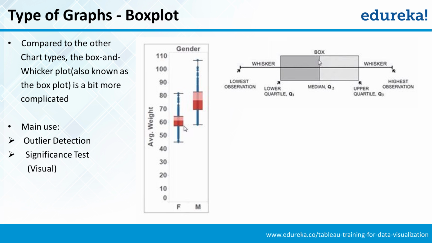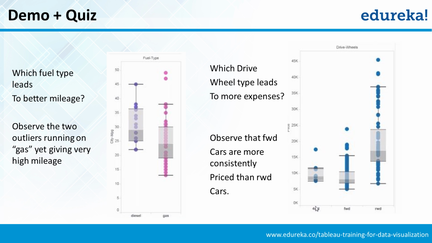Similar is the case for males. So this is how we interpret a box plot. The medians and quartiles are not really important in a box plot. What is more important is whether there is an outlier, and whether one particular box is very low compared to another, or whether they are sticking very close to each other.